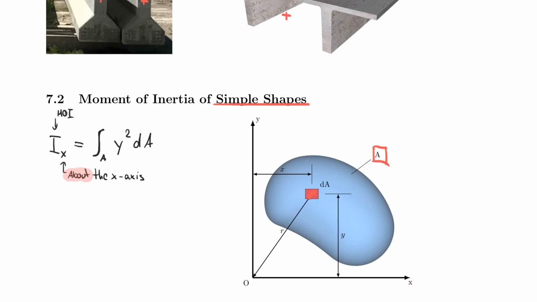And if you think of this area element, dA, rotating about this x-axis, then the lever arm is the y direction. So I want you to imagine this potato chip or the area element to rotate about this axis. So right now it's coming towards you, towards you, and now it's moving away, away, away, and then it comes towards you again, and so on.